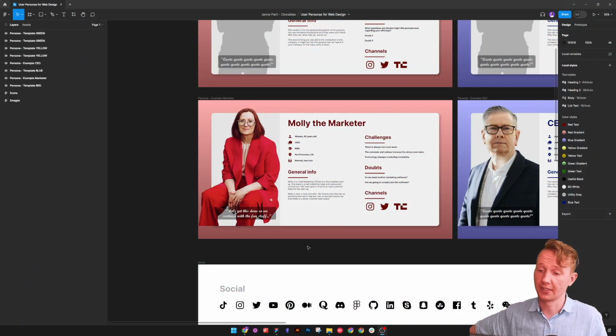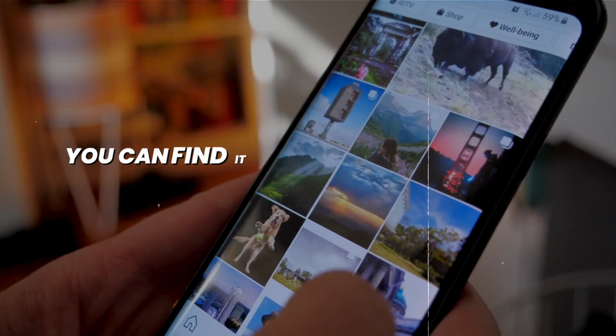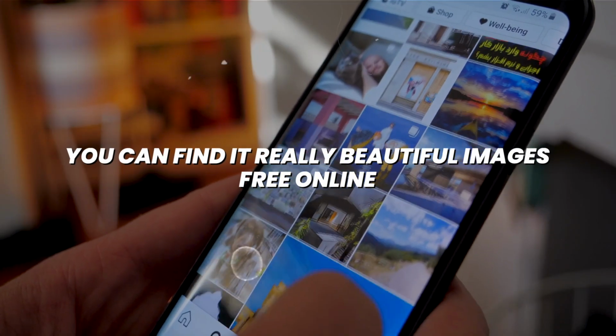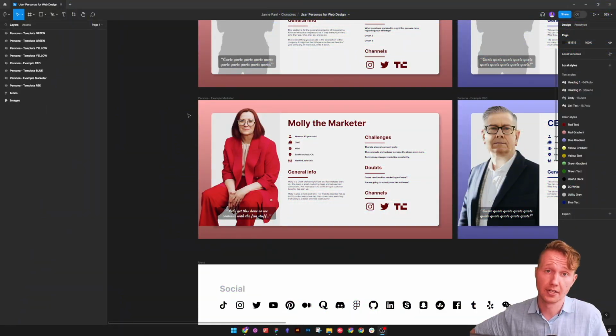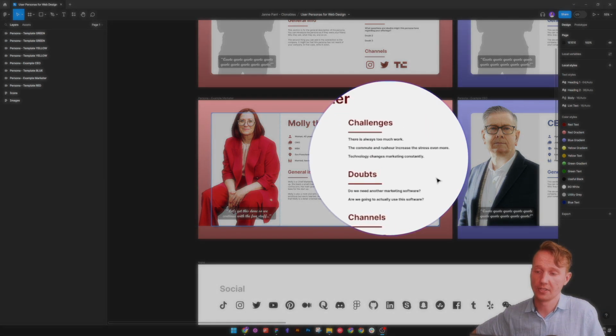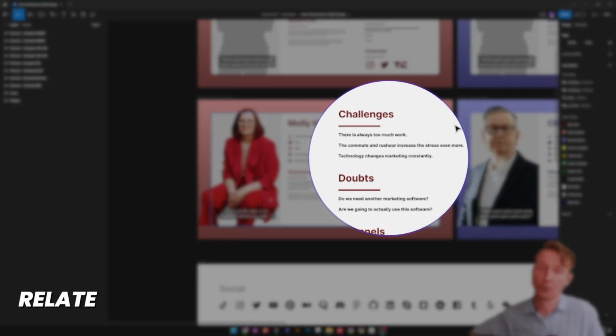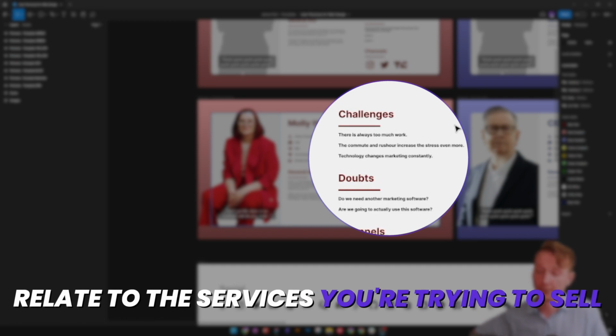This is quite easy to go through, and I find that the image brings a lot to the table. Nowadays you can find really beautiful images free online, or even generate your own with these AI tools, so why wouldn't you use them? Challenges and doubts should of course relate to the services you're trying to sell.